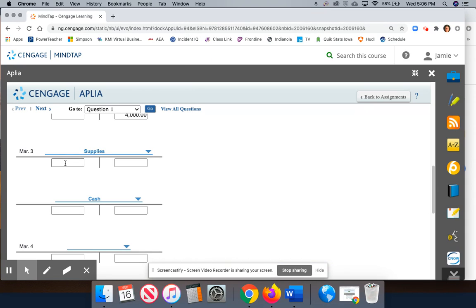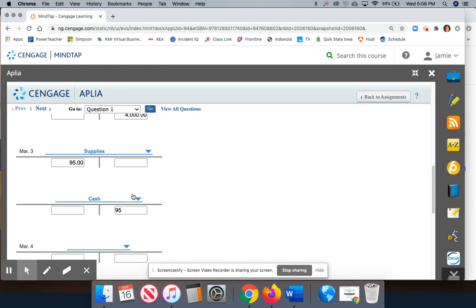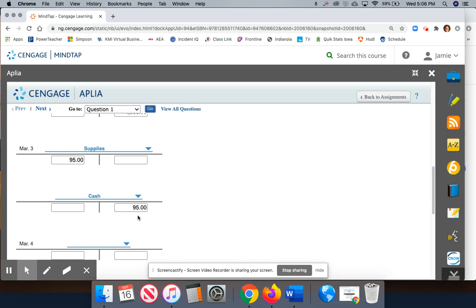Assets increase with a debit. So we're going to have a debit of $95 to supplies. Cash is an asset. We paid cash. So cash came out of our bank account, or cash decreased. Cash is also an asset that decreases with a credit. $95. Left side, or debits, equals our right side, or credits.